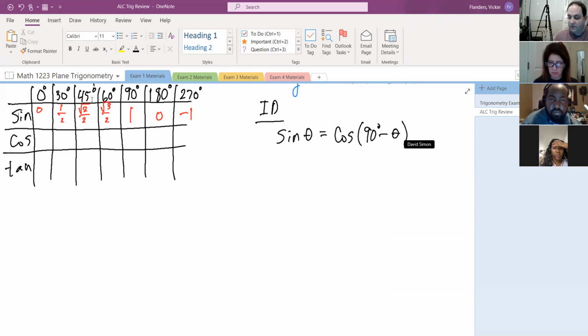And this is because of the way our right triangles are defined. 2 complementary angles that add up to 90 both fit in a right triangle, but they have opposite and adjacent that switch. So the sine and the cosine for any angles that add up to 90 also switch. So for example, this is what I mean. If you take a look at 60 and 30 degrees, right, the sine and cosine values switch.